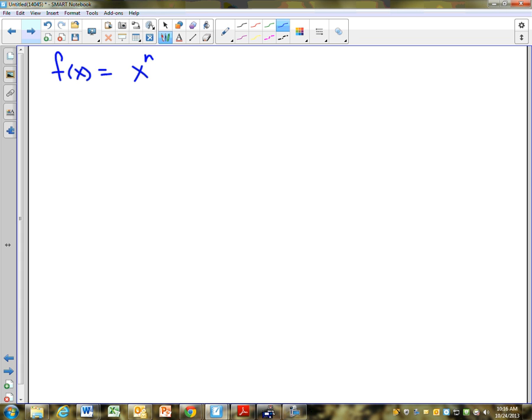So if I want to find the derivative, f prime of x, what we have to do is use the limit as h approaches 0 of what? X plus h to the n. At this point, you're like, I got 3 variables. Scary.